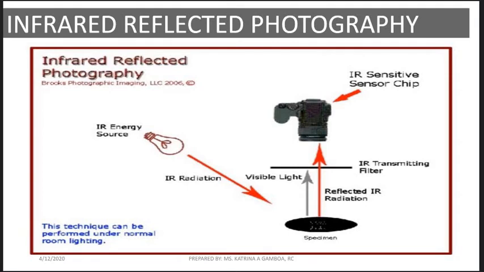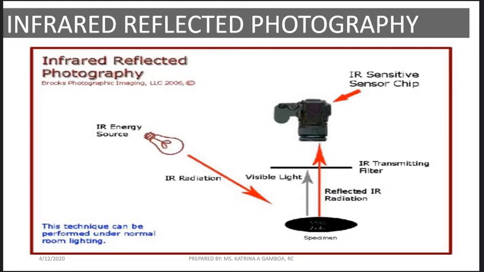So, again, kapag meron tayong reflected photography, we will illuminate the object or yung subject mo with the infrared source, plus maglalagay ka ng filter sa iyong camera, that is IR or infrared filter, which is capable of allowing the infrared radiation to enter your camera.